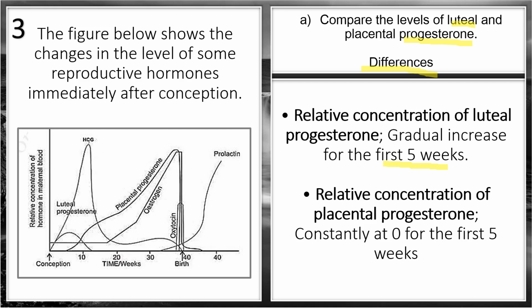So here you will see that lutein progesterone rises gradually in the first 5 weeks. Whereas the relative concentration of placental progesterone is constant at 0 up to around the first 5 weeks.